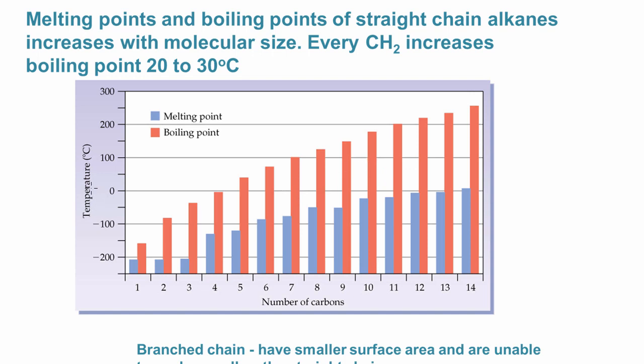Here we have temperature on this axis, number of carbons, and we can see that these melting points and boiling points increase with an increase in the number of carbons. Actually, the boiling point will increase 20 to 30 degrees for every methylene group that is added. And we can see that right here.